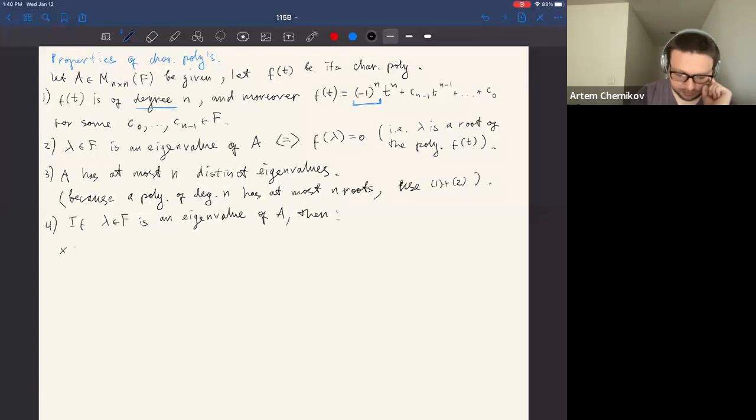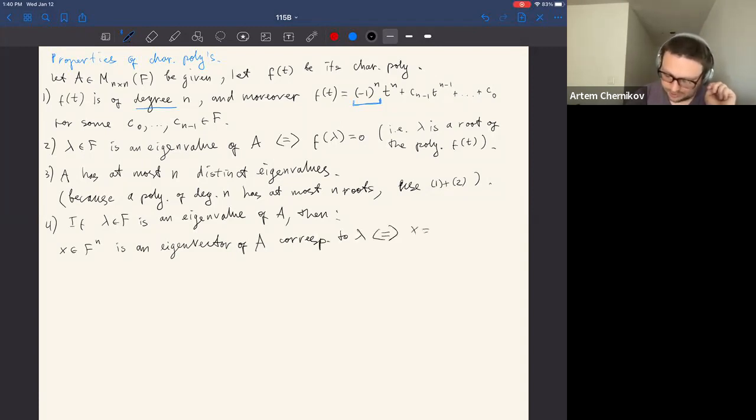An element x of the vector space F^n is an eigenvector of A corresponding to lambda if and only if x is non-zero, so remember, all eigenvectors have to be non-zero, and x belongs to the null space of the linear operator L_A minus lambda times the identity on F^n.